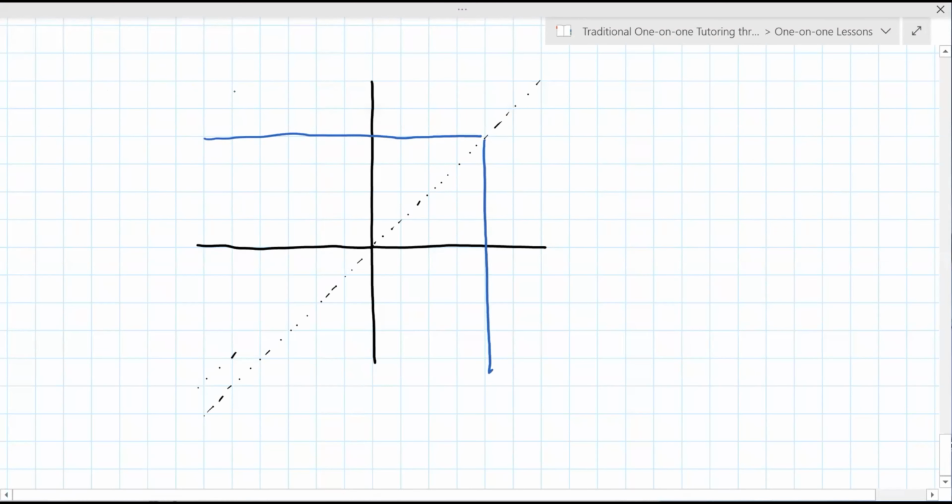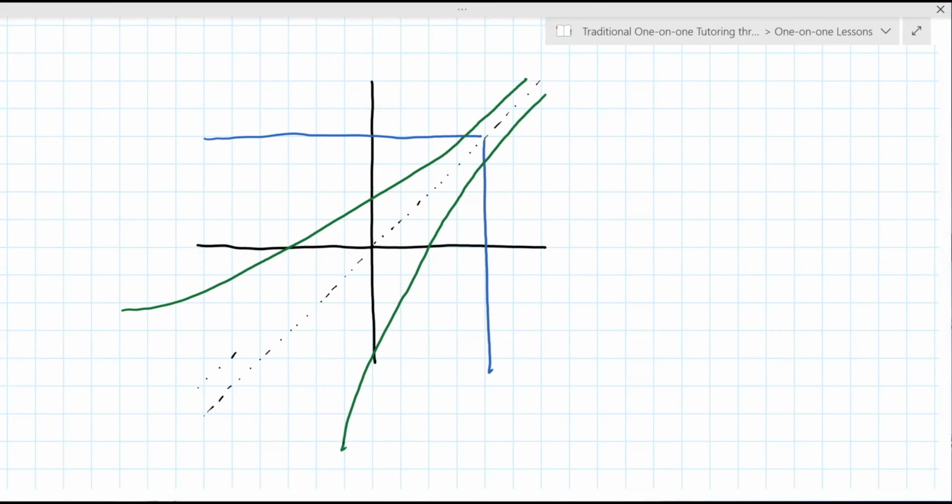If I have something that approaches like that, the other side I get from going this way. Do you see that? Yes. Okay. So some problems actually ask you to draw the inverse of it.